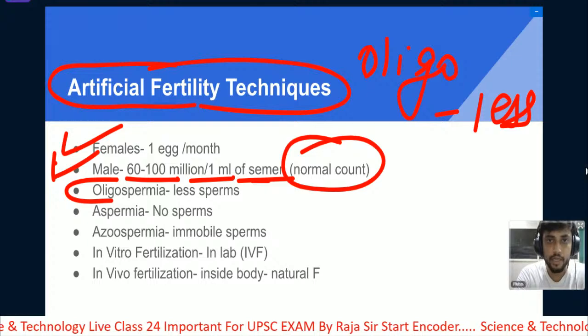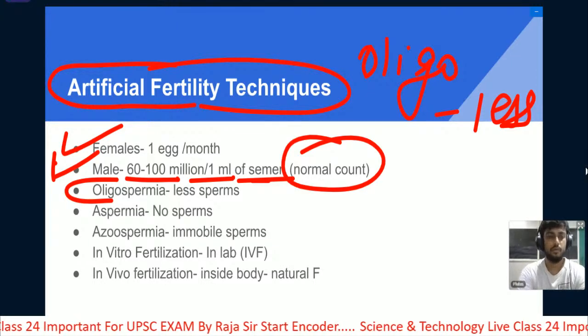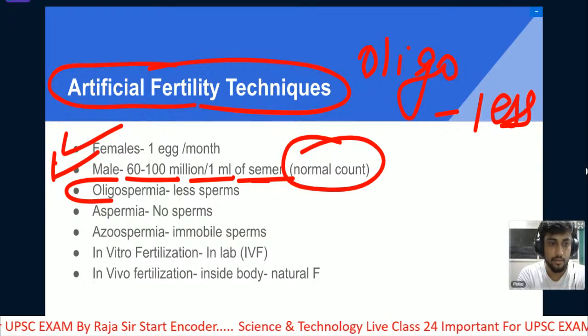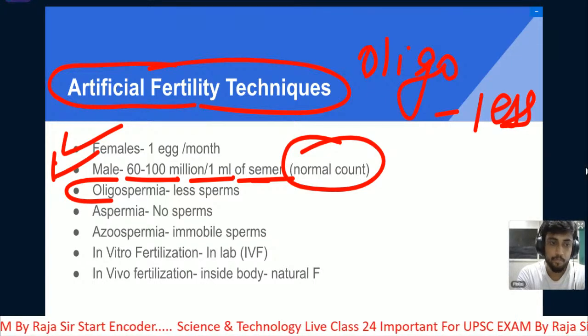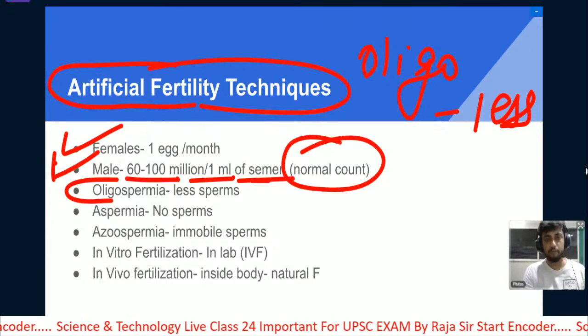Have you read about the term oligotrophic lake? You must have read it in environment.